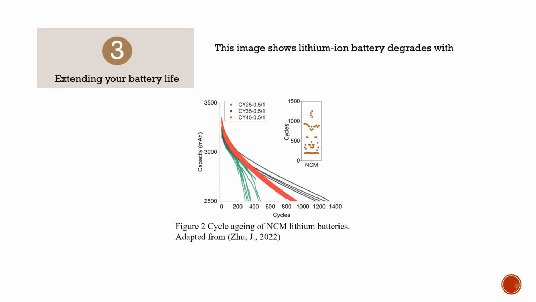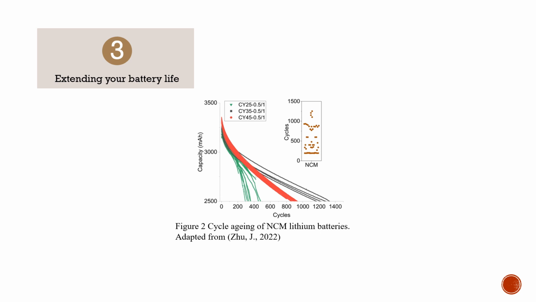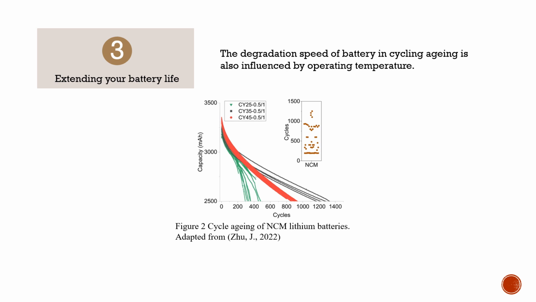This image shows lithium batteries degrade with increasing cycles at three different temperatures. It can be noted that the battery degrades with cycle use, and this is cycle aging. We can also notice that the degradation speed in cycle aging is influenced by the temperature.